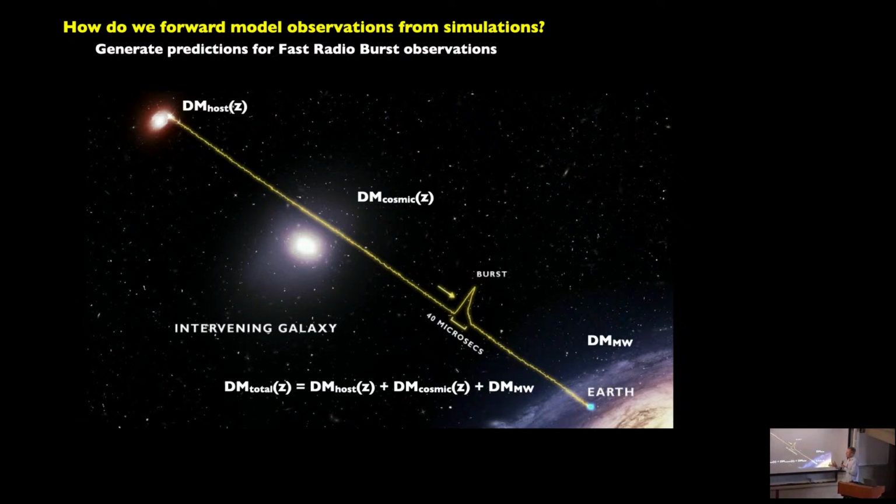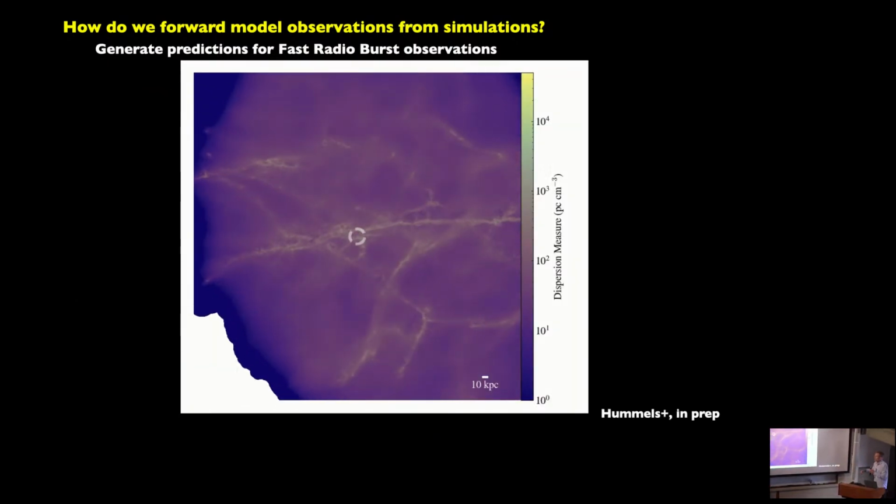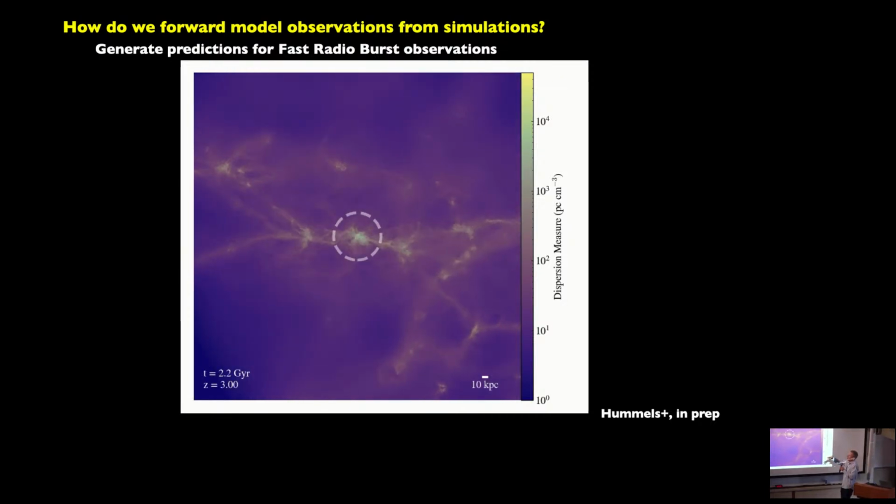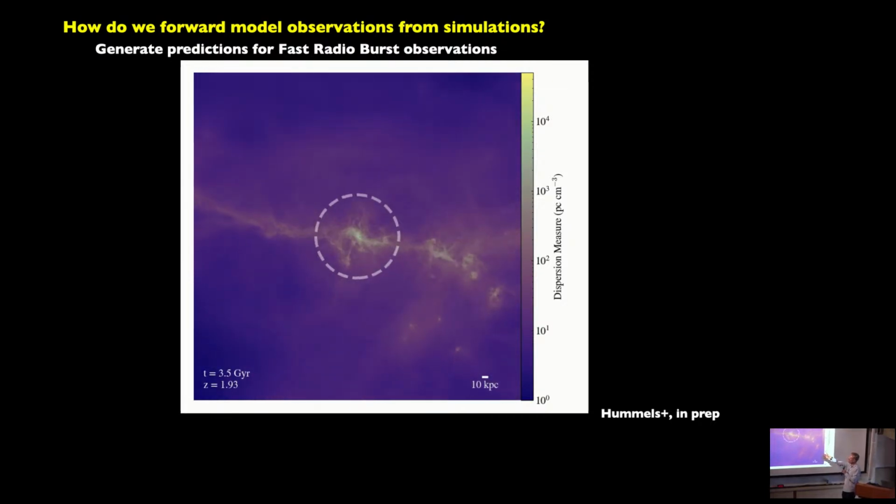So rather than an absorption technique telling you about absorption features, this just gives you a single dispersion measure value for that entire column from this potentially cosmologically distant fast radio burst. And that dispersion number is the ensemble of the host's contribution, the cosmic contribution with intervening galaxies, as well as the Milky Way's contribution. And so we can make a similar map showing the dispersion measure and how it evolves over time for that exact same galaxy that we were looking at before.